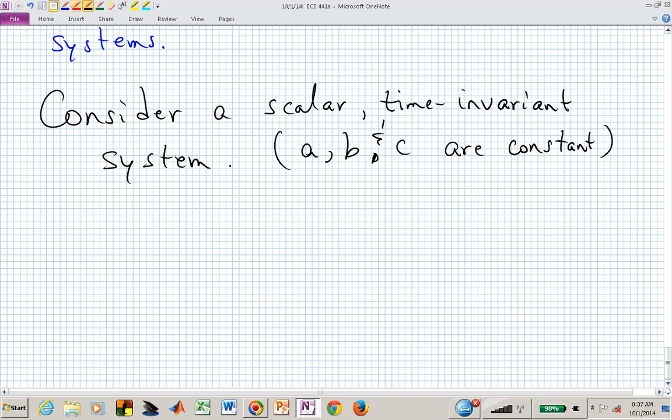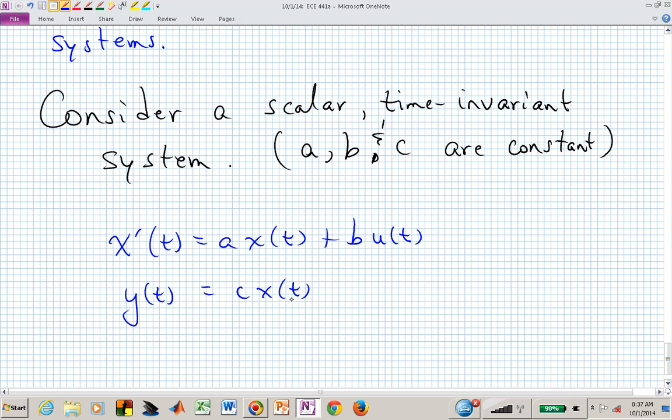Meaning, I now have a state space representation that's first order. My A matrix is 1 by 1. Now my X is just one variable.